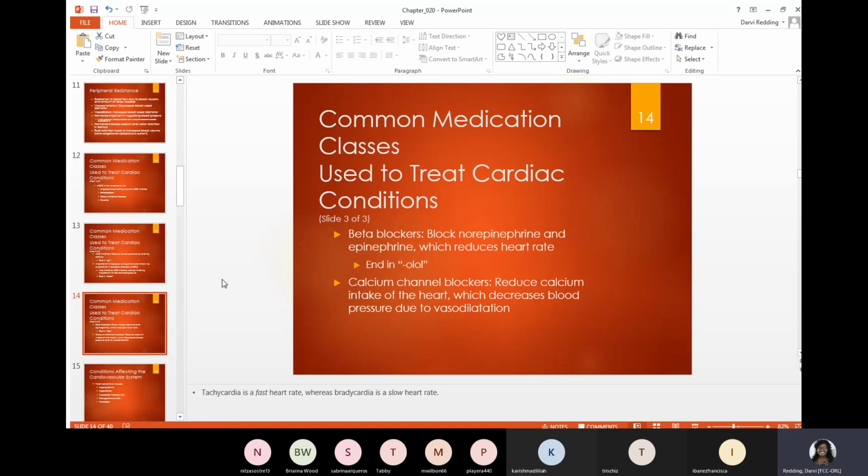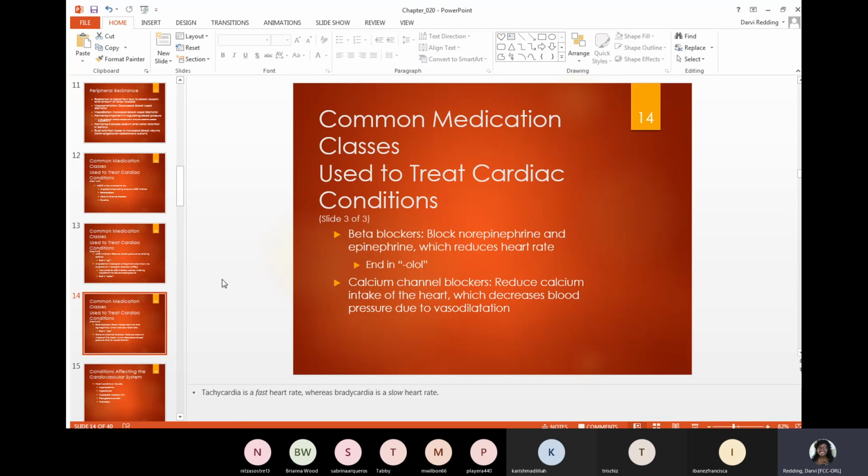Next, we're going to learn about beta blockers. They work by blocking the norepinephrine to reduce the heart rate. With medications that are beta blockers, those are going to end in olol.